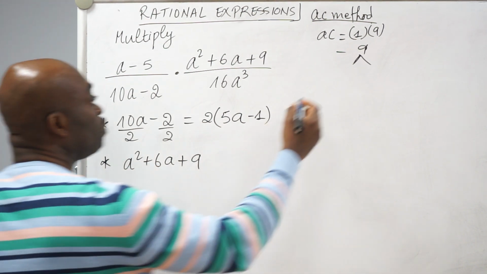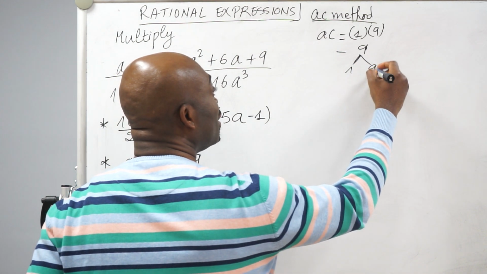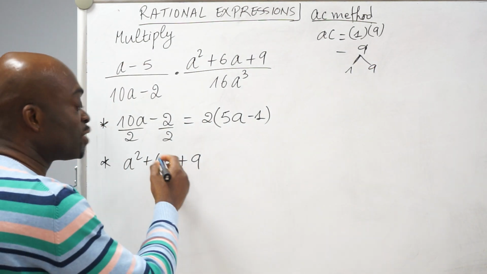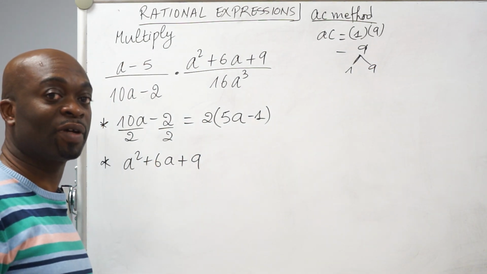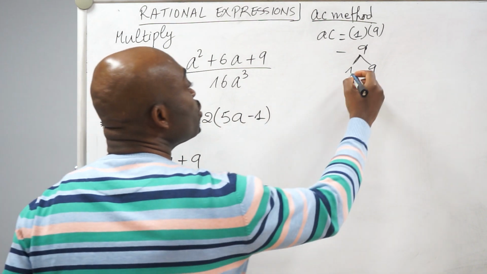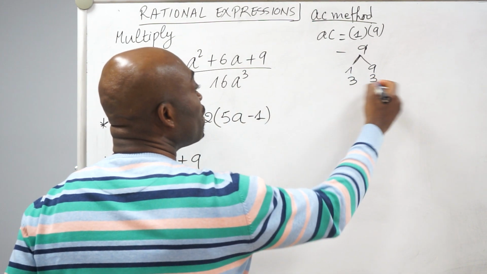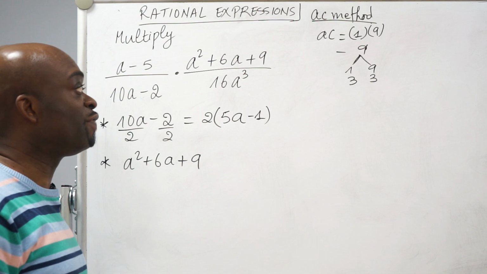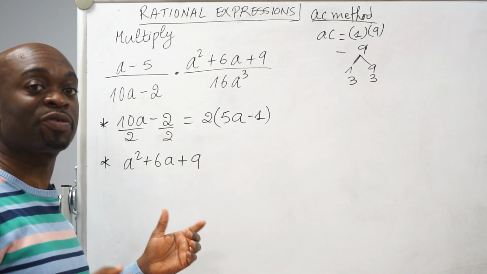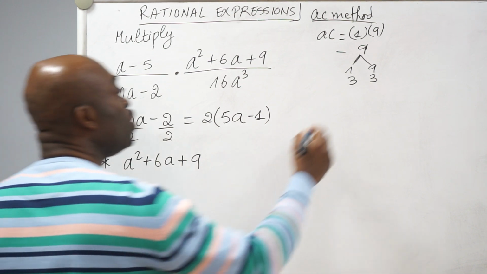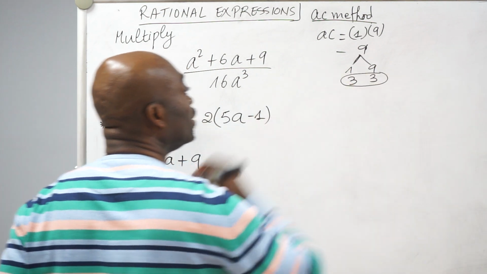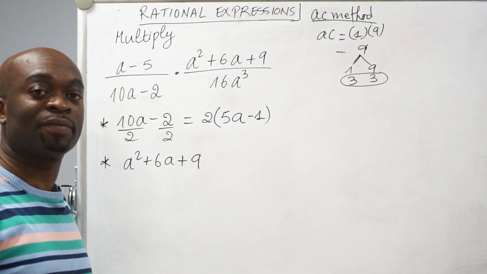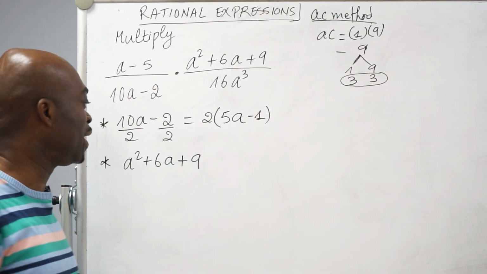We can go with 1 and 9. Can 1 and 9 add up to 6? There's no way. What else? We have 3 and 3. Can you add 3 and 3 to give us 6? Yes, because 3 plus 3 is 6. So this is the correct answer, the one we have to use.